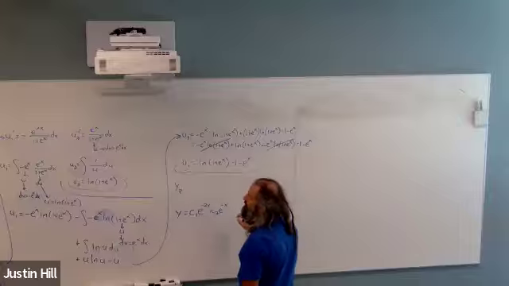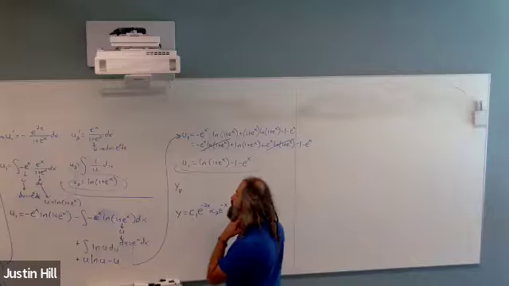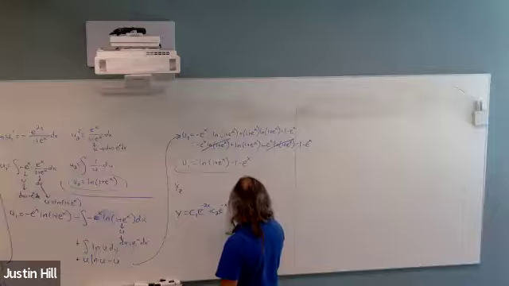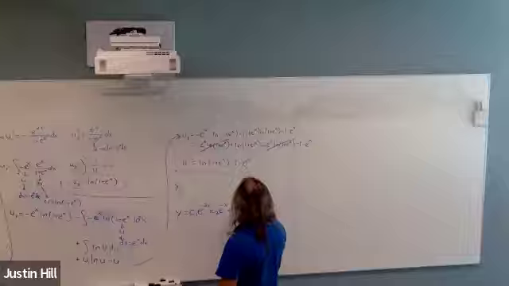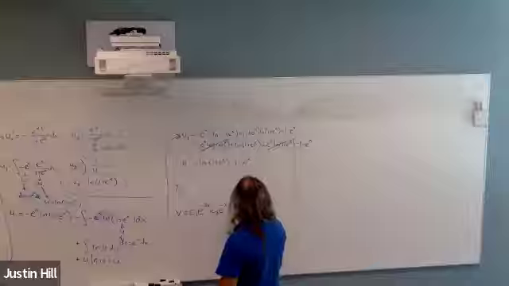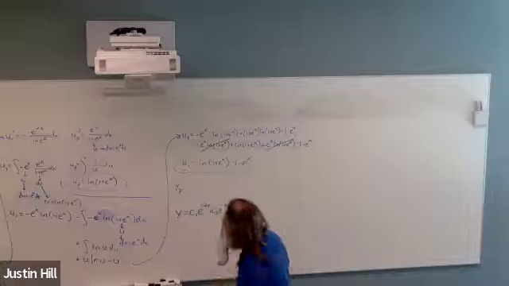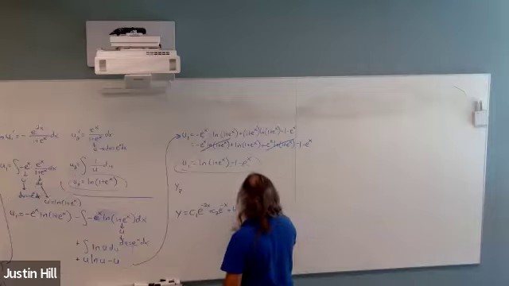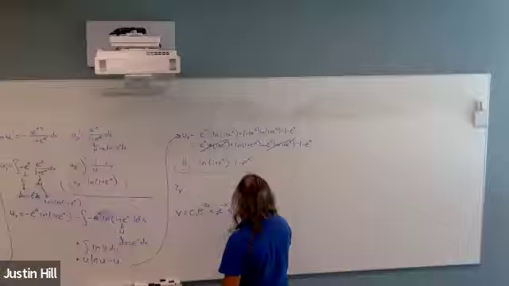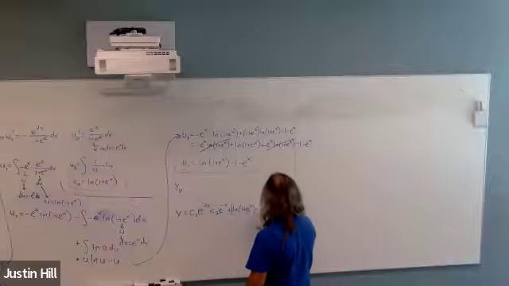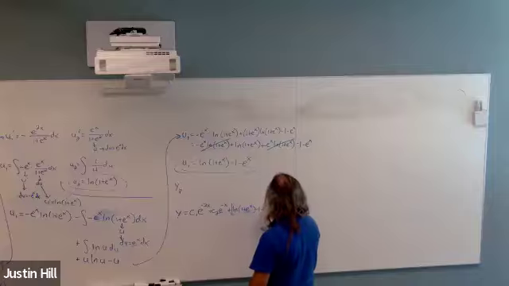And it would be, let's see, 1 plus natural log of 1 plus e to the x minus 1 minus e to the x.